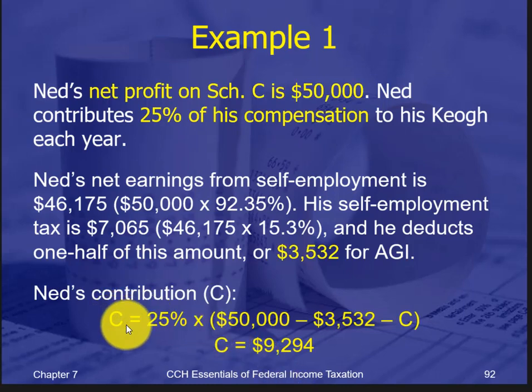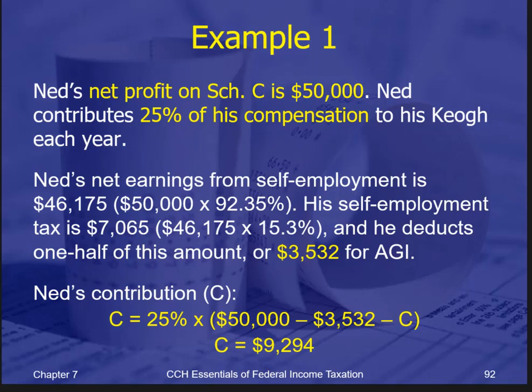But Ned's contribution is 25% times his original profit minus this deduction minus this contribution, which we don't know yet. So if you put this in algebraic terms, you reorder the things, you multiply by 4, because this is 1/4, 25%, then reorder everything, you get C equals 9,294, okay?